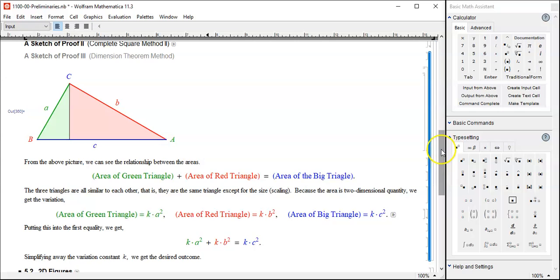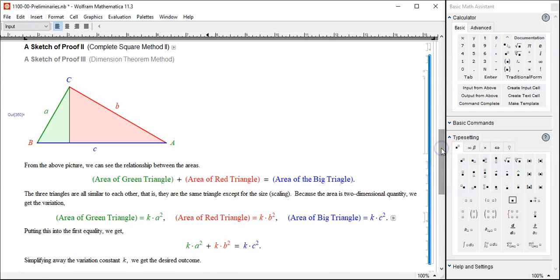Here's the third proof, and this one is, to tell the truth, my favorite. Using dimension theory, we can decompose a right triangle into 3 pieces, and they are completely identical except for the size, the scaling. And therefore, their areas are proportional to the length of the hypotenuse.